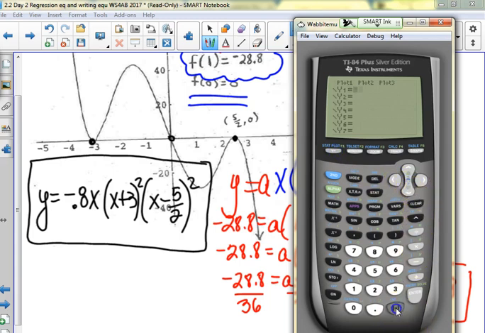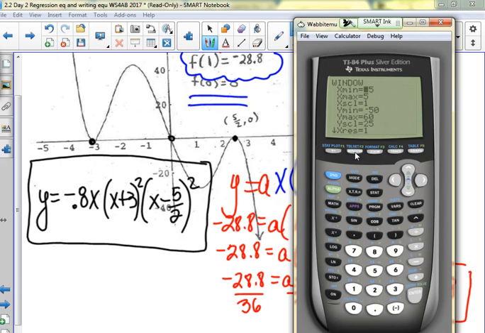Go to y equals and put in negative 0.8 x, parenthesis x plus 3 quantity squared, x minus 5/2 quantity squared. What is their window, guys? Their window is roughly what?